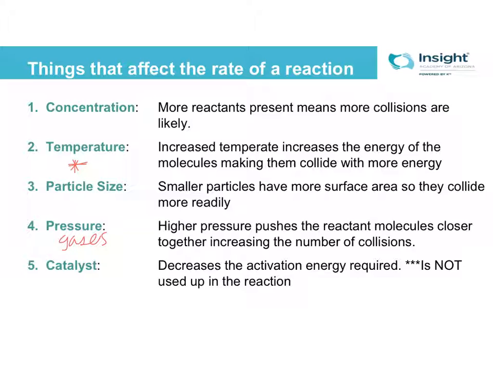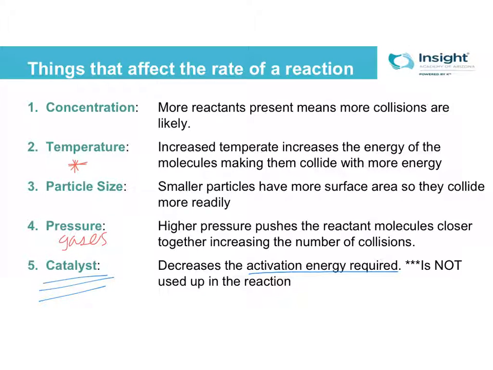with dissolving. And then the new one, this is the important one to pay attention to, is catalyst. So what a catalyst does is it decreases the activation energy required. It's a chemical that makes it so that you need less energy to get to that transition state. Now, something to keep in mind, a catalyst is not one of the reactants of your reaction.